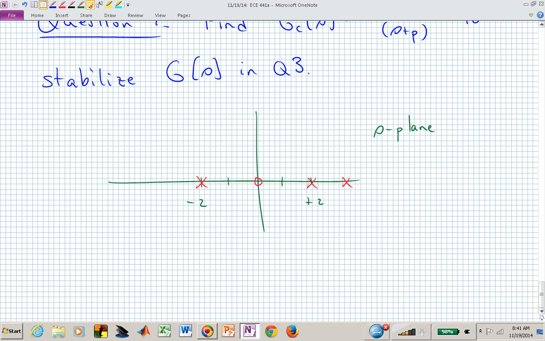It's going to be easier if I just do it here. It doesn't matter. But if I put it right there on top of the other one at 2, what's the root locus look like? Well, now what's going to happen for this controlled system? What's my pole zero excess now?